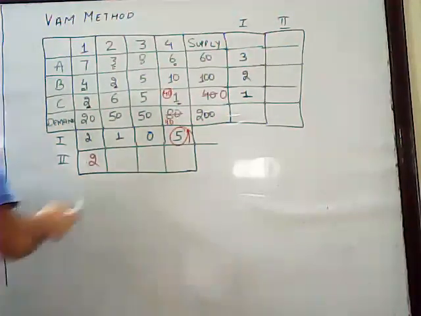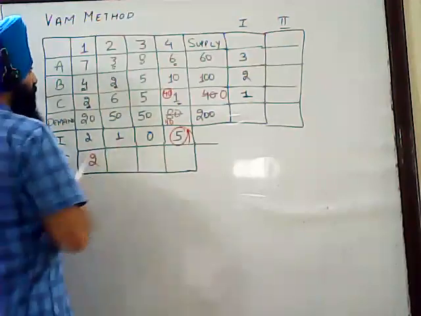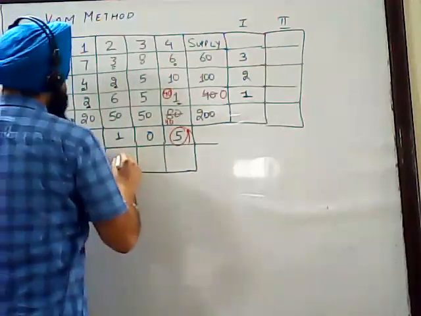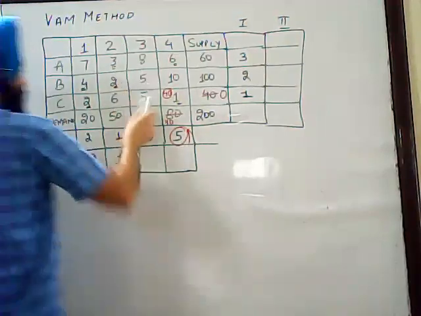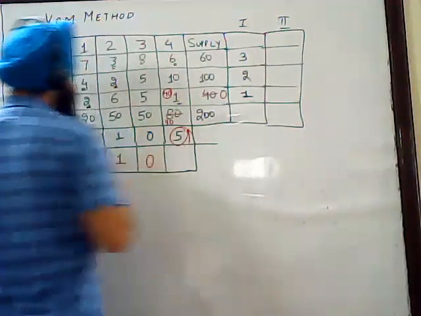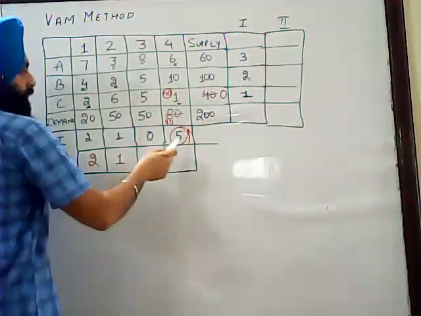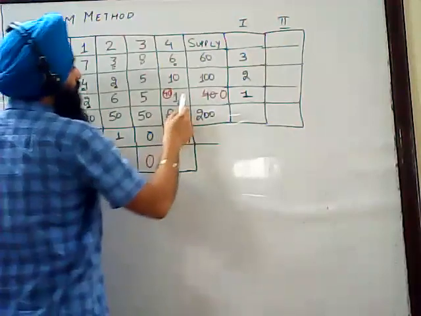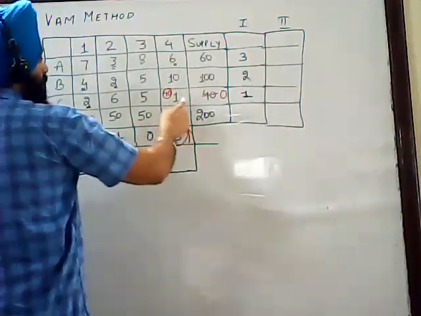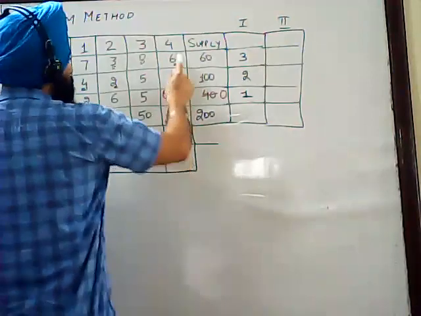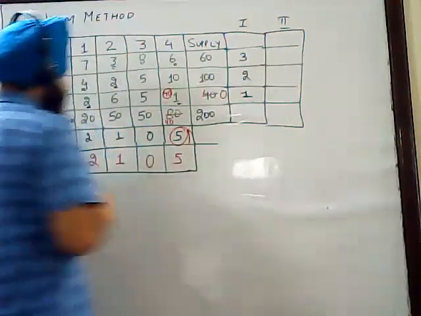In the next column, the minimum value is 2 and the next minimum value is 3. So 3 minus 2, the value will be 1. In the next column, 5 minus 5, the value will be 0. In the next column, the minimum value is 1 and the next minimum value is 6. So 6 minus 1 will be equal to 5.